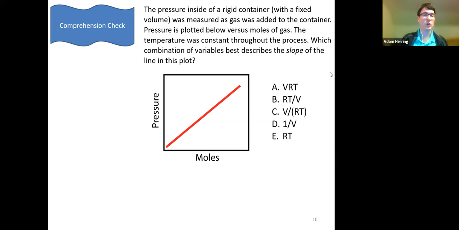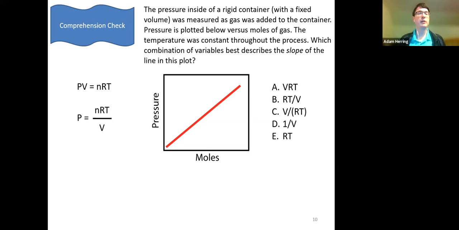Welcome back. So as we saw already, according to the ideal gas law, pressure times volume equals moles times the ideal gas law constant times temperature. In this plot, we're looking at pressure as a function of moles.